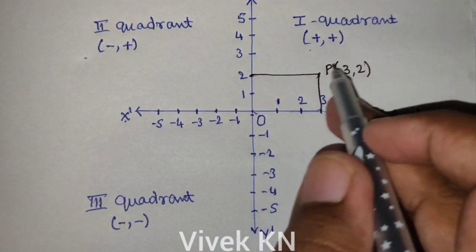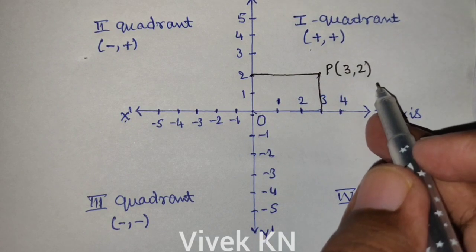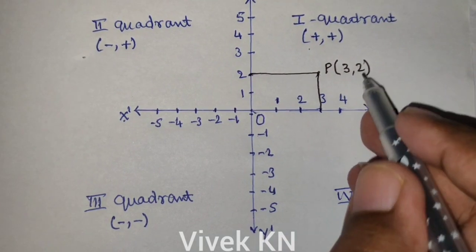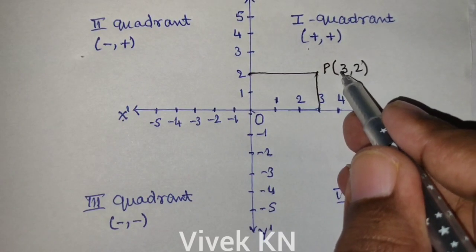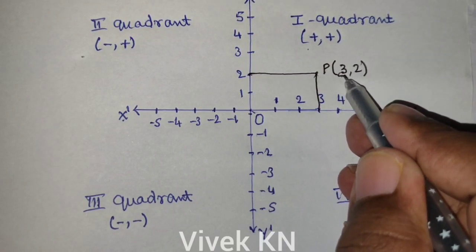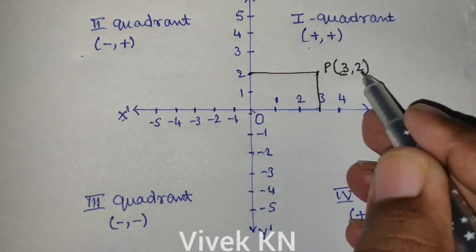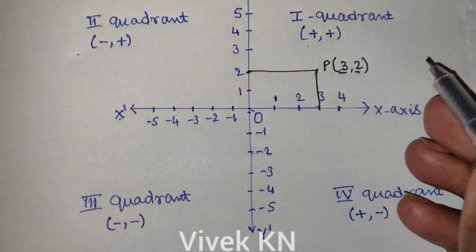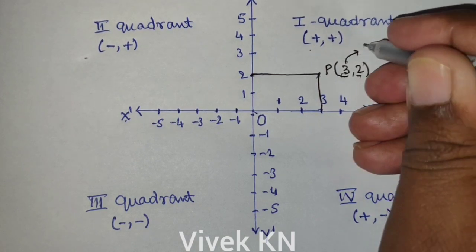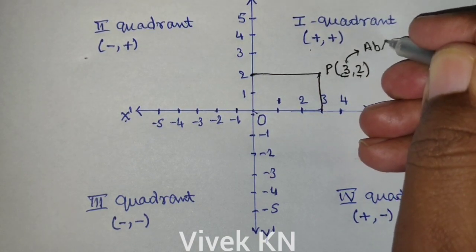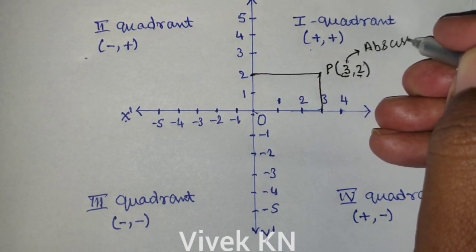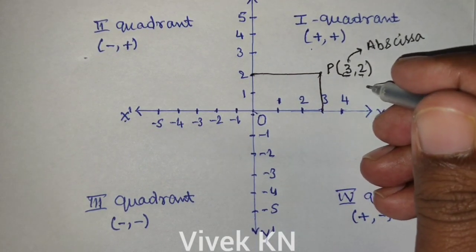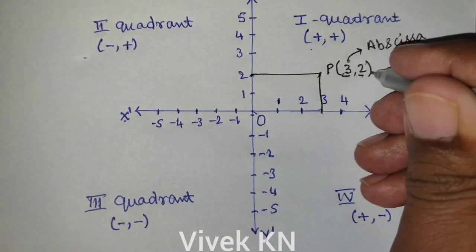This kind of representation of the location of a point is called coordinates. The value on the x-axis is called the x coordinate and the value on the y-axis is called the y coordinate. The x coordinate is also called abscissa, and the y coordinate is also called ordinate.